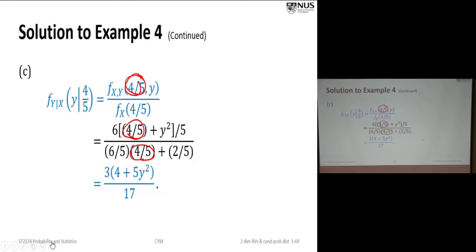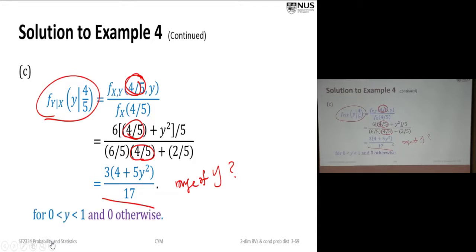But is this valid for all the y values? What's the range of y for which the conditional distribution equals this expression? It's only y between 0 and 1. Why? How do we get this range? Because this equality is valid only for y between 0 and 1.